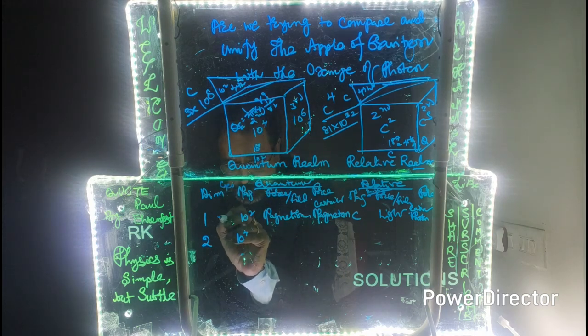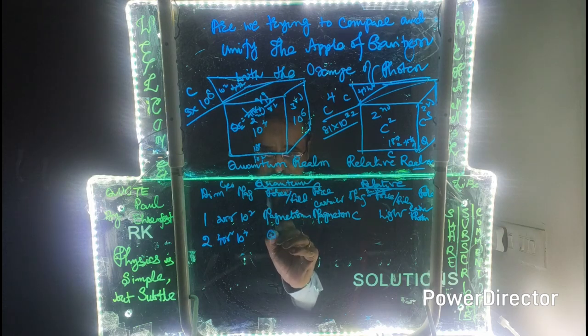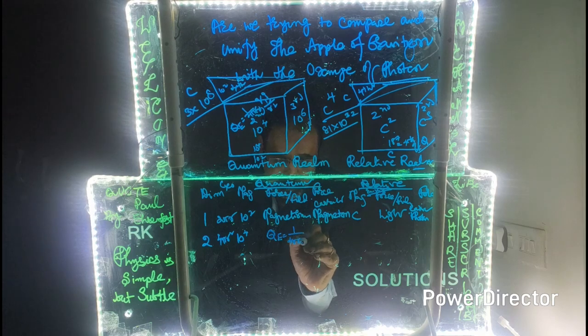This was 2 pi R, right? This was 4 pi R square and 10 raised to 4. Here, this was actually the QE equal to 1 by 4 pi epsilon naught Q1 Q2 by R square.